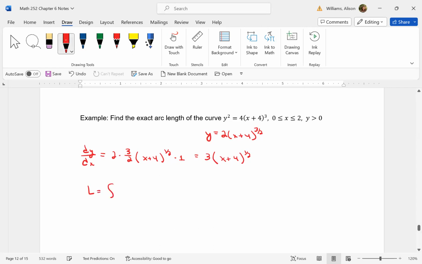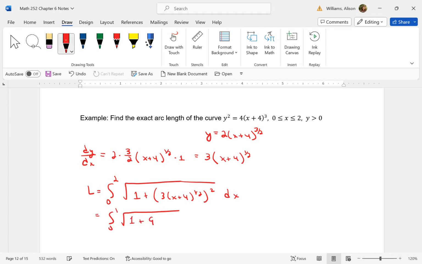Okay, so the arc length, with x ranging from 0 to 2, is the integral of the square root of 1 plus, okay, so this formula, 1/2 squared dx. Okay, so that's just going to be the integral from 0 to 2, square root of 1 plus 9 times x plus 4. That just basically gets rid of that.